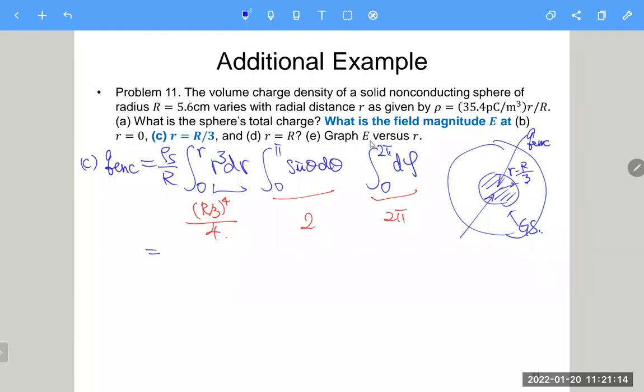So let's just keep this as small r, and then we get this expression when the r changes from 0 to capital R. And after we get the general solution, we plug in R equals capital R over 3 to get the answer for this one. Finally we can still draw the E over the r axis. So actually we still have a small r here.